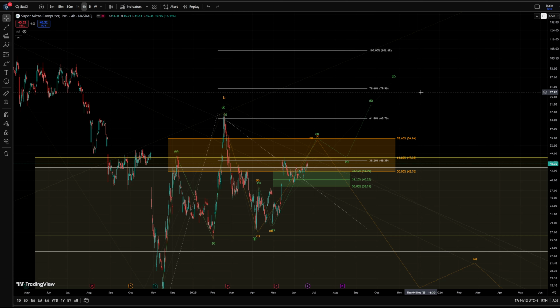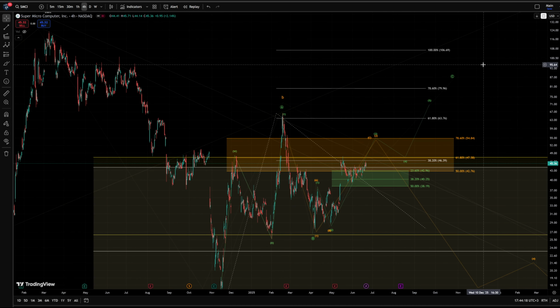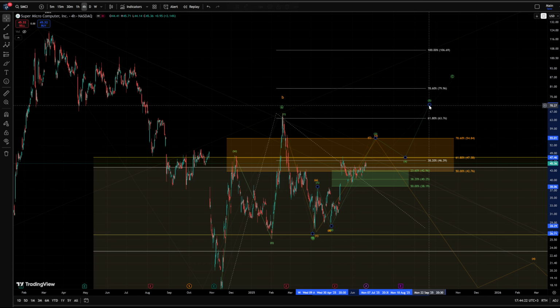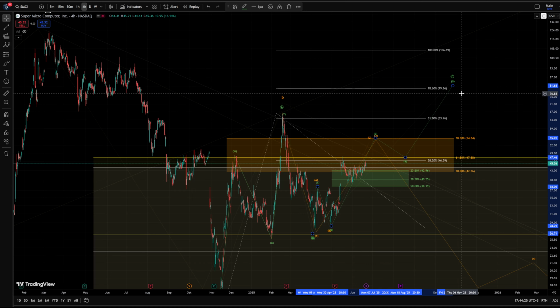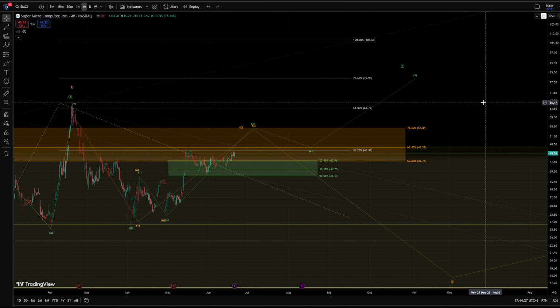Yeah, so it should take us somewhere between $80 and $107, ideally 107, but I wouldn't count on that too much. We can track the structure more closely when we form more waves up.